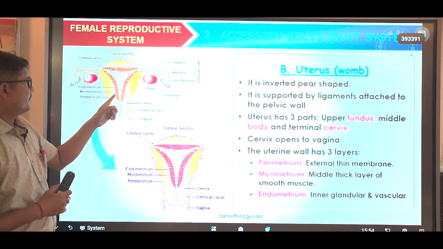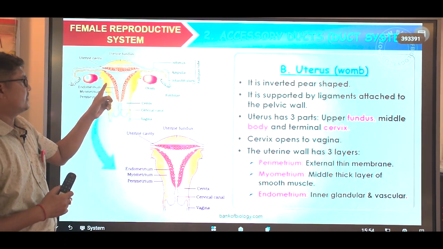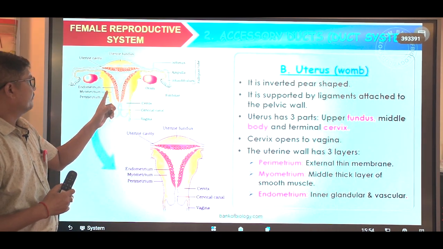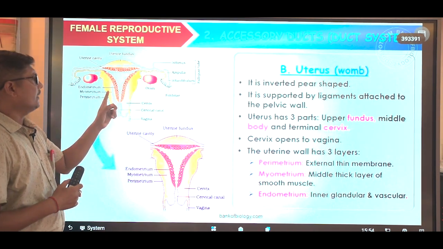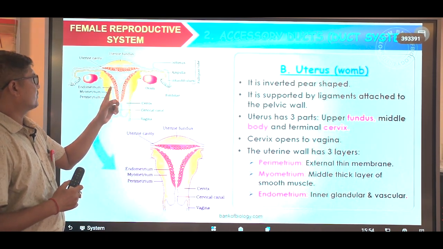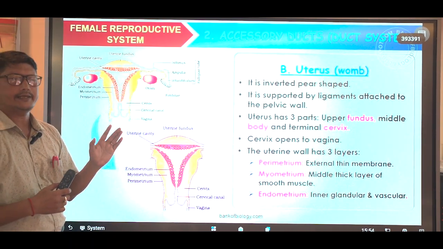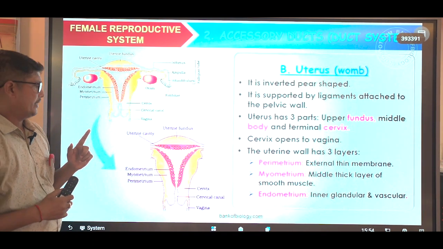The first layer, the external layer, is a thin membrane called the perimetrium. Then the middle layer is called the myometrium, and the innermost layer is called the endometrium. So the uterus contains three layers: the perimetrium, the myometrium, and the endometrium.